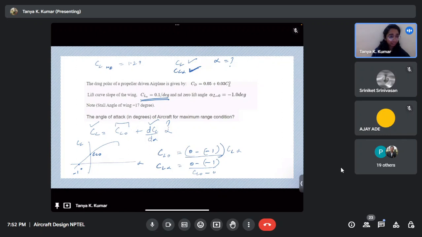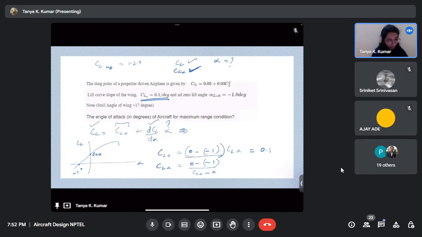Is this making sense? Okay, yeah. So you just plug these values in and then you can find out your CL naught. So how much is CL naught? It will just be 0.1, correct? Okay. And then from there you use this equation.